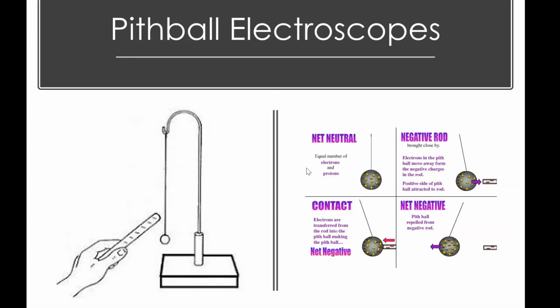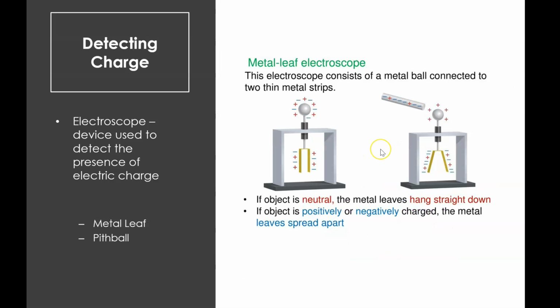When we're using a metal leaf electroscope, we're basically looking at those two metal strips and how they behave. So in a neutral electroscope, you have an equal number of positive charges as negative charges.